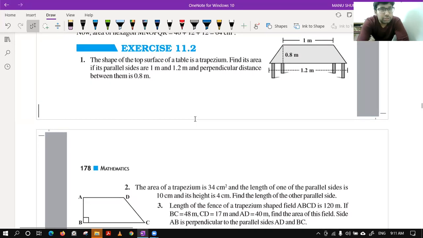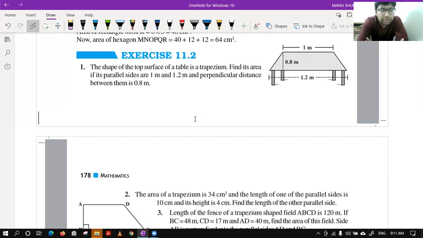Question 11.2. The shape of the top surface of a table is a trapezium. Find its area if its parallel sides are 1 meter and 1.2 meter and the perpendicular distance between them is 0.8 meter. Very simple, class. This table is actually an example of a trapezium. You just need to draw a diagram in the copy like this.